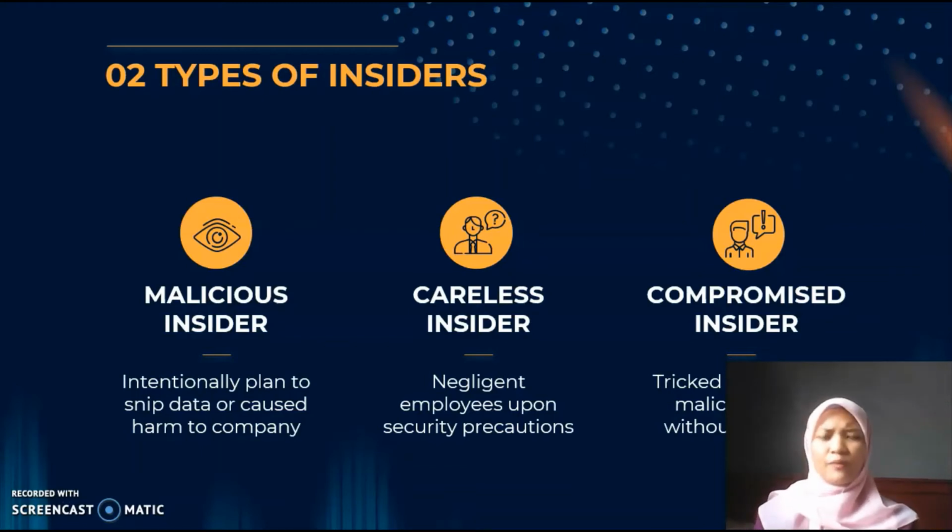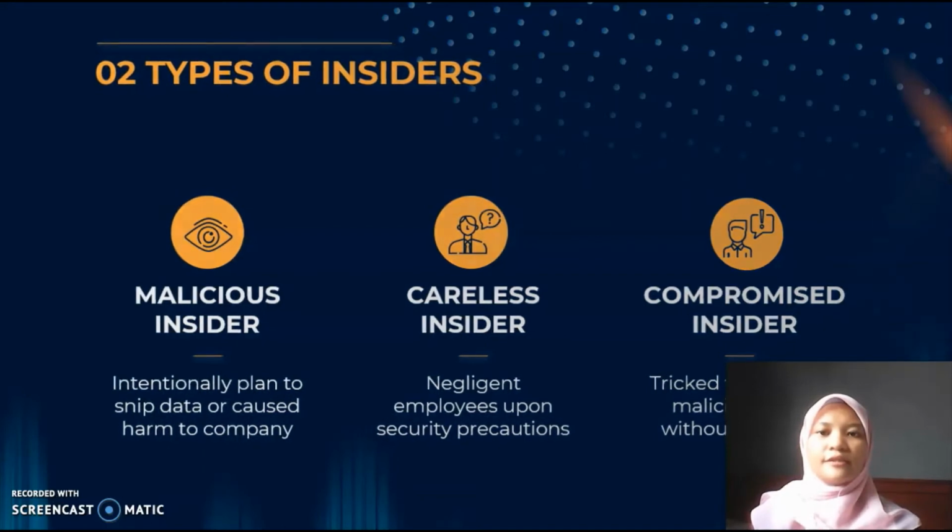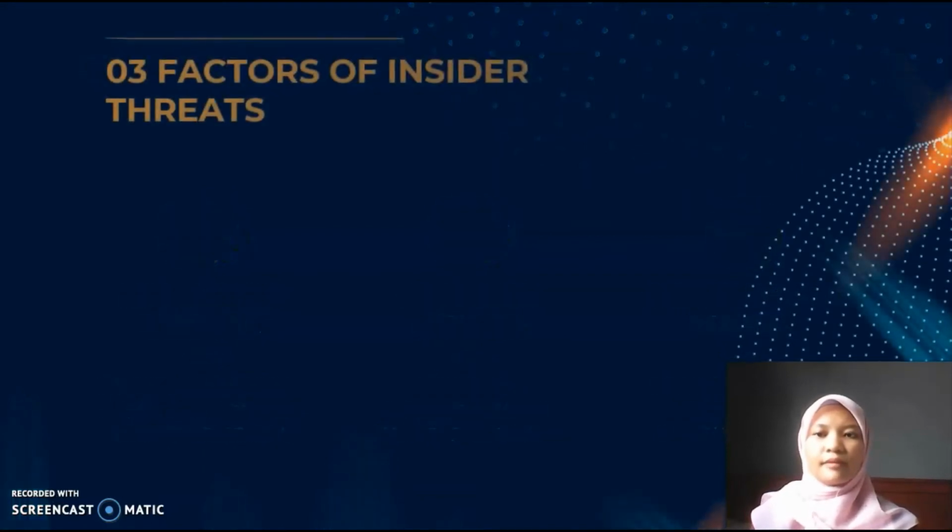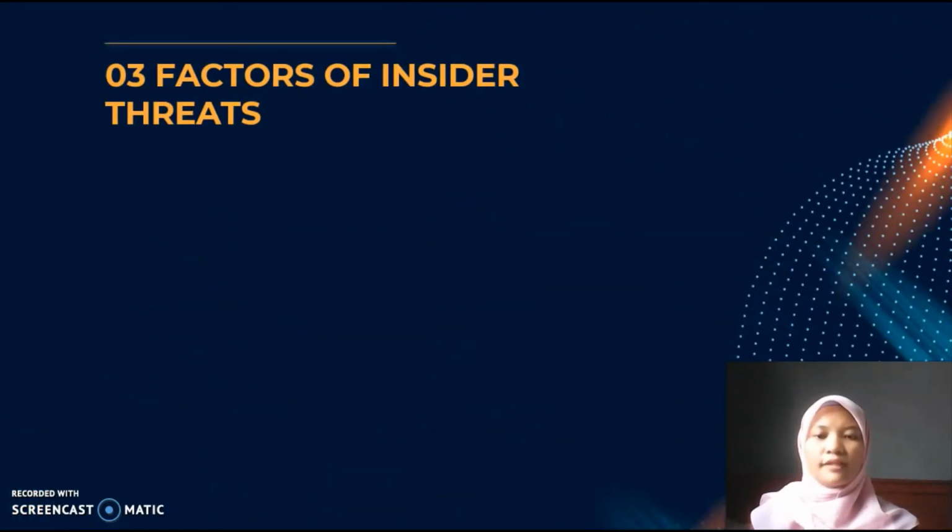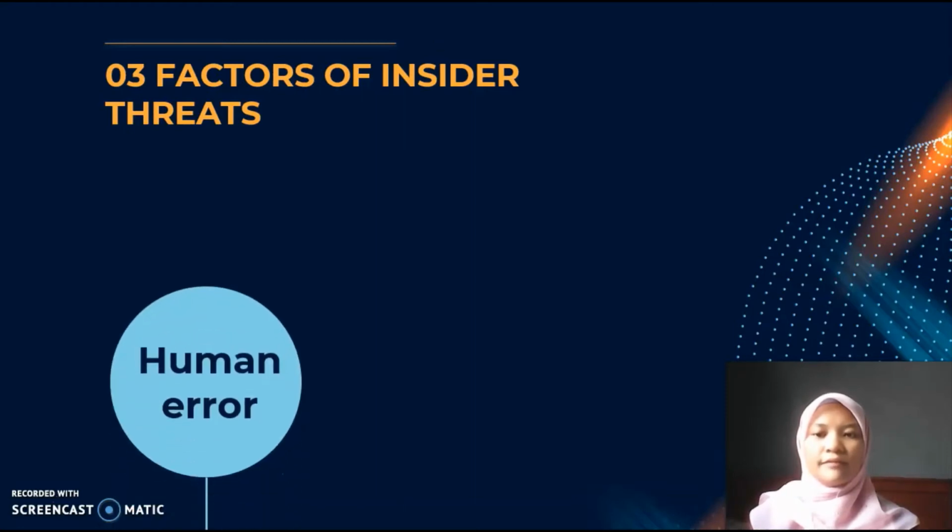Let us find out what is the factors behind the insider trades. Firstly, the factors of insider trade is caused by human error. Human error is a failure of carrying out a task according to a determined set of desired plan.